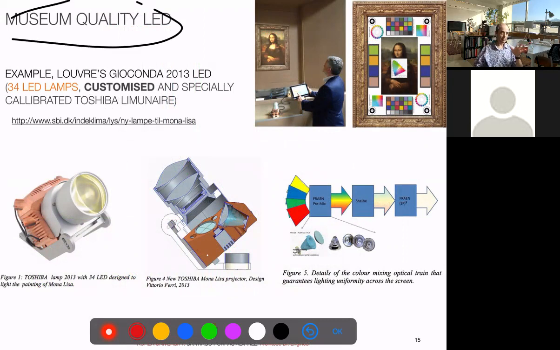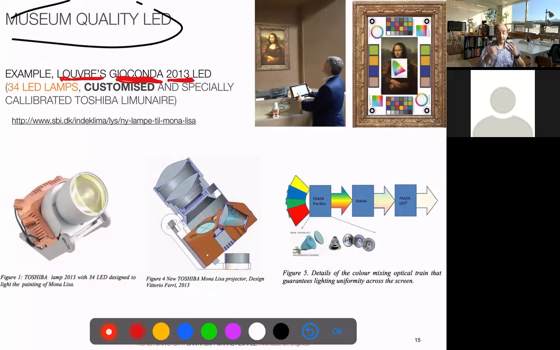I would suspect, because in 2013, the Louvre Museum wanted to change the lighting of the Gioconda, because up till that time it was lit with halogen light. And of course, halogen light damages the colors because it is organic matter, and the infrared, year after year, makes the painting worse and worse, even though you have plenty of filters to make only white light.